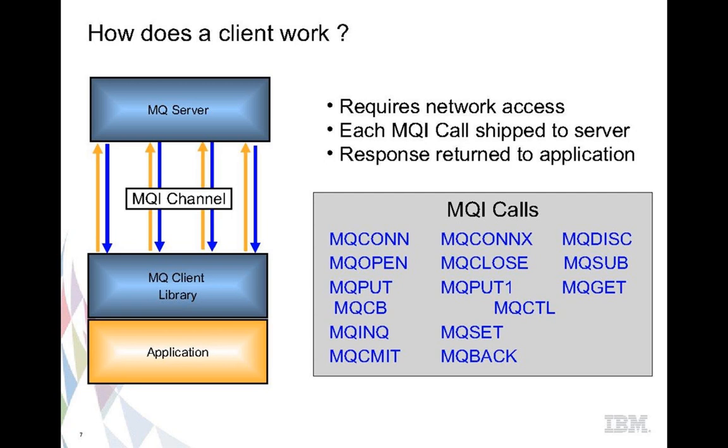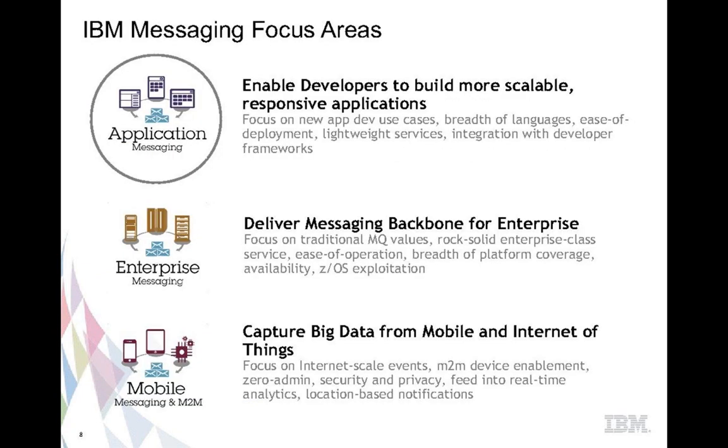So that is how the MQ messaging model works, and that is what we have seen in the previous slides. Now we'll move on to the messaging focus areas. As we discussed, enterprise messaging is the messaging backbone, and it focuses on traditional MQ values with quality of service, ease of operation, and breadth of platform coverage.